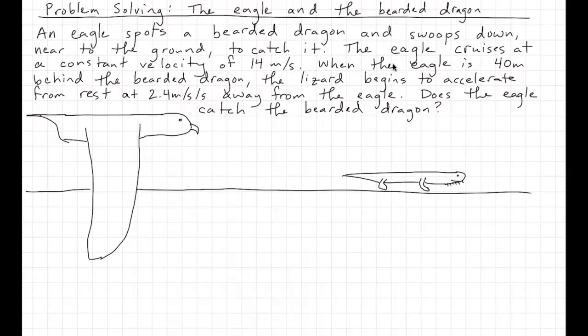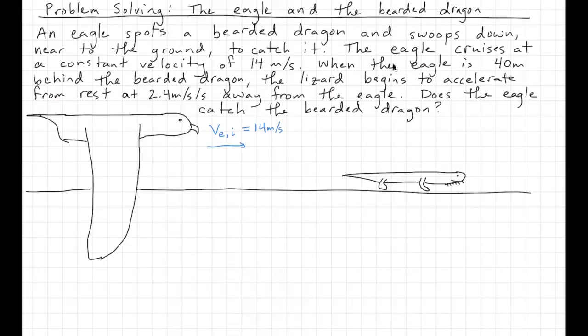So let me draw that on here this way. There's some velocity for this eagle initially. VEI means velocity of the eagle initial, which is 14 meters per second that way.